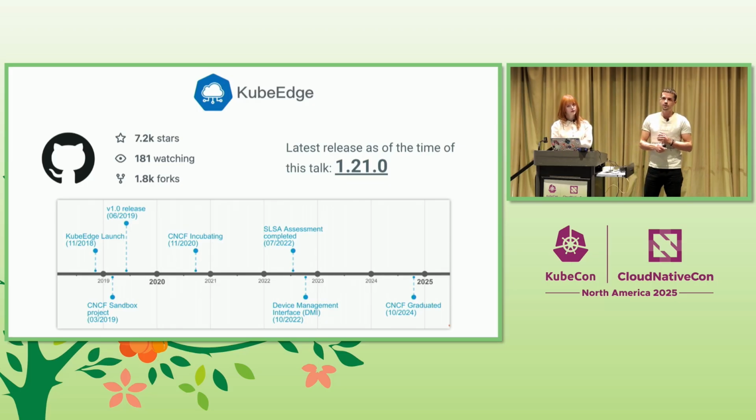So the core features are having a standard Kubernetes API, which we all know, handling unreliable long-haul networking, and the management of devices through the concept of device twins, which we will talk about in a little bit. It's been adopted pretty well by the community already. It entered CNCF in 2019 and graduated last year in October of 2024. That topic was mentioned in the previous talk.